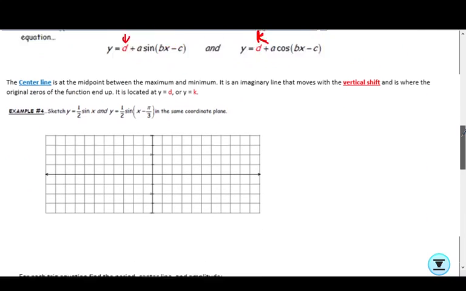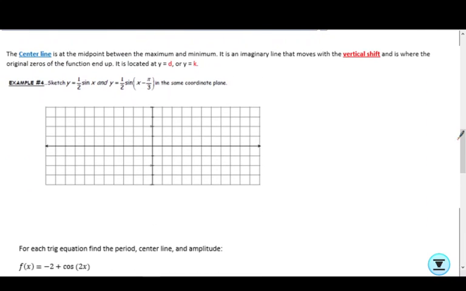All right, so let's practice a horizontal shift. We're going to be sketching y equals 1/2 sine x and y equals 1/2 sine of x minus pi over 3. First thing I'm going to do is draw my y-axis and my x-axis, 0, and then mark off every 3 like I did the last time.